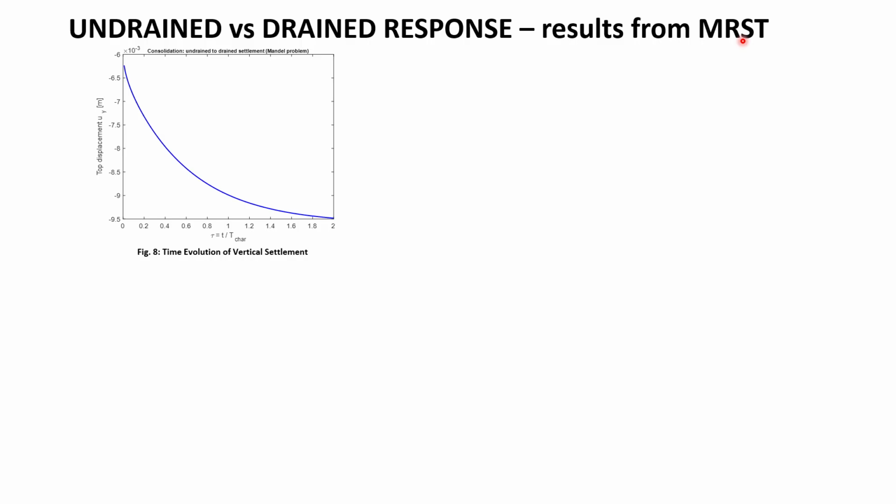If we look at the figure, you can see that at early times when t is near 0, settlement is negligible. This is because the pore fluid is carrying most of the load. As such, the material is effectively stiff under undrained conditions, as we mentioned before. As we go from left to right on the x-axis, time increases.